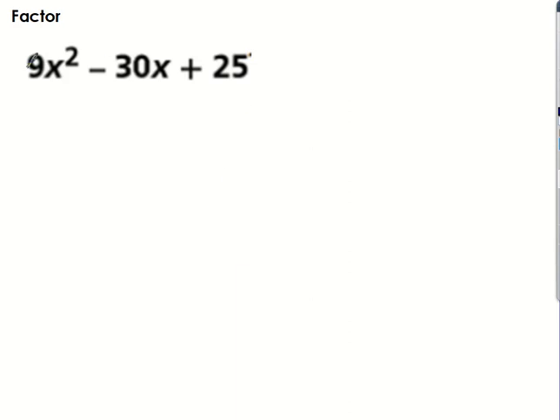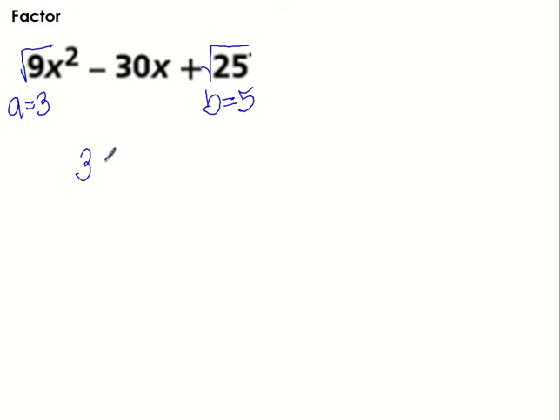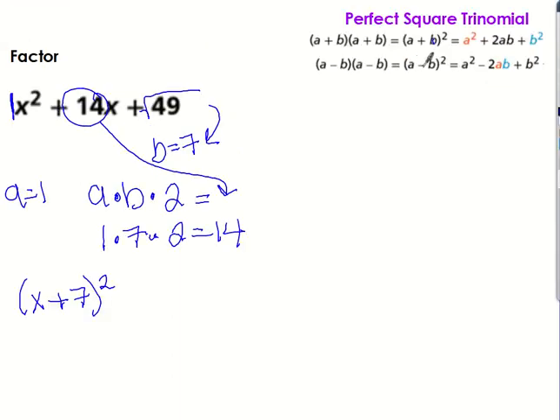So again, if we look here, if I square root this, a becomes 3. And if I square root this, b becomes 5. If I take 3 times 5 times 2, I get 30. But because it's minus, I'm going to use this one. See how in the middle is negative?